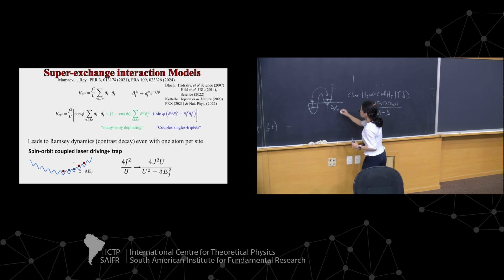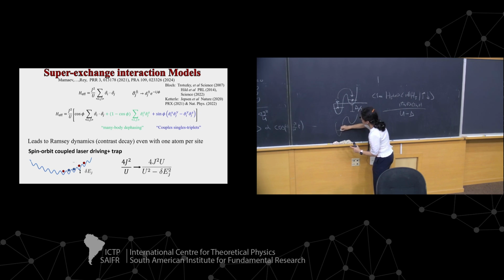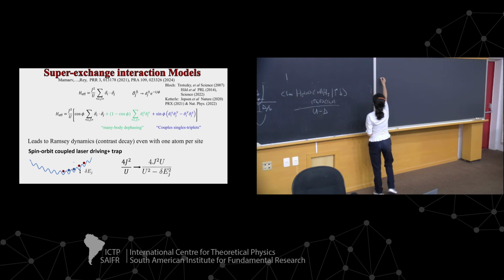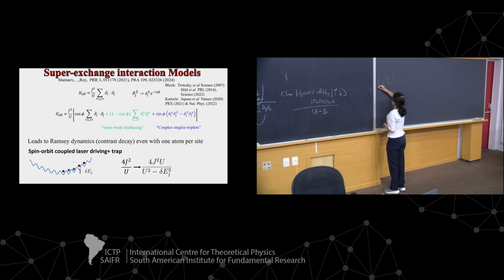The initial state is going to have two particles here, and then you increase energy U and decrease energy delta, yes? In the other case, when you have the two particles here, you increase energy U but also increase energy delta, yes?